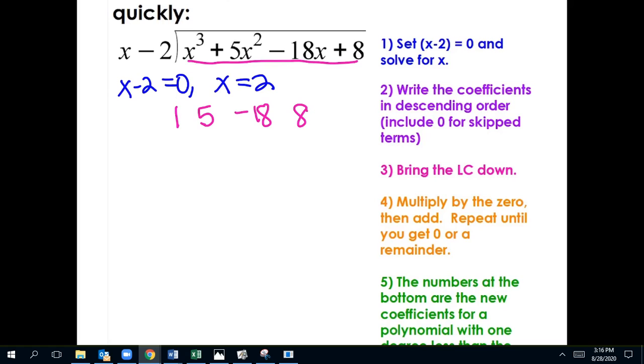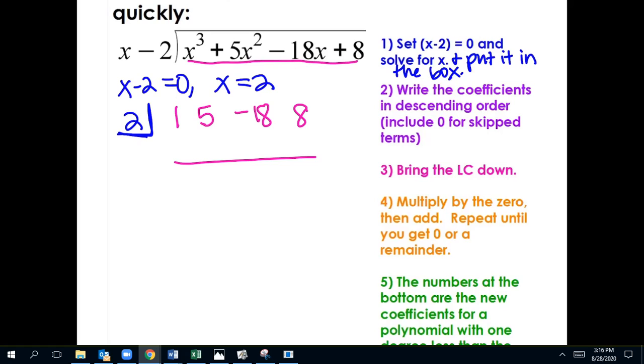And then if there are any skipped terms, like if there was no x squared, I would put a 0 there for that. And then one thing I want to add is let's put it in the box, in this blue one. And so we're going to put this 2 out here in this box.